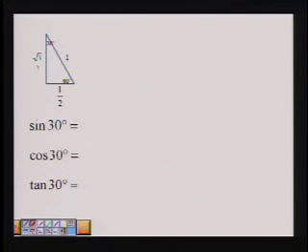Now let's find the values of sine, cosine, and tangent for the angles in our 30, 60, 90 triangle. Let's start with the 30-degree angle, which is here. Then this is the opposite side, and this is the adjacent side.